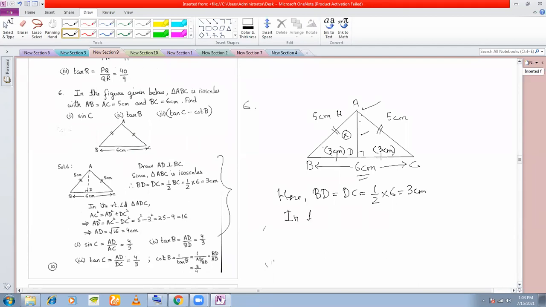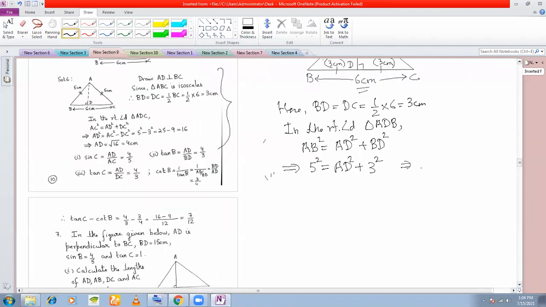So in the right angle triangle ADB, AB square is equal to AD square plus BD square. AB is 5, AD we want to find out, BD we just found above to be 3.